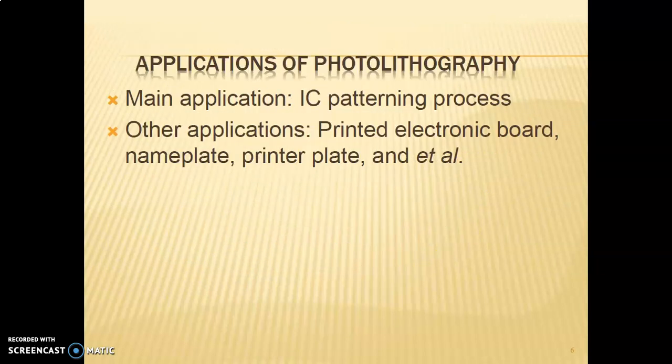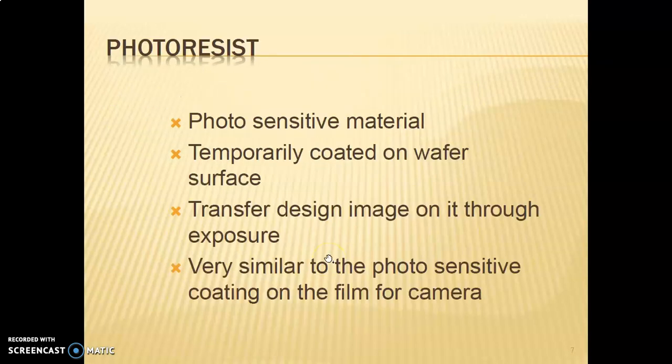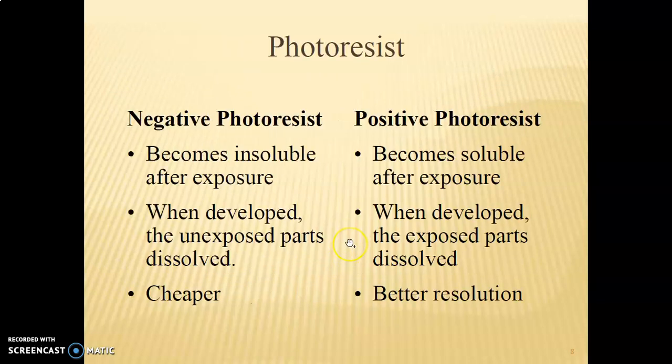The main application is the IC patterning process. Other applications are printed electronic boards, nameplates, printer plates, and many more. For photosensitive material, there are two types of classification: negative and positive.